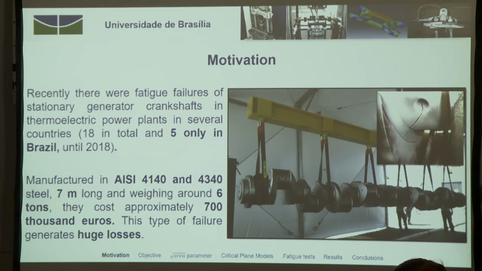It is 7 meters long and weighs about 6 tons. The cost of manufacturing one crankshaft is about 6,000 euros, so failures of this kind generate expensive costs in the industry.